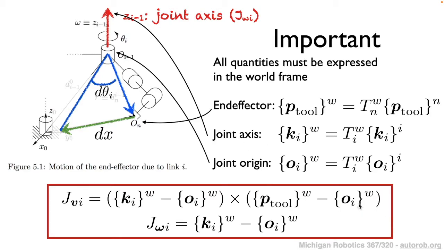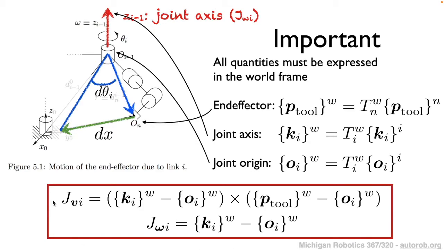Similarly, this O sub I is going to be in the world coordinate frame, representing the origin of the particular joint, which has been transformed from its local origin into the world coordinate frame. And then the joint axis, the axis of rotation for our case, is also transformed from the local frame of reference of the particular joint into the world coordinate frame according to the forward kinematics transform that we calculate.